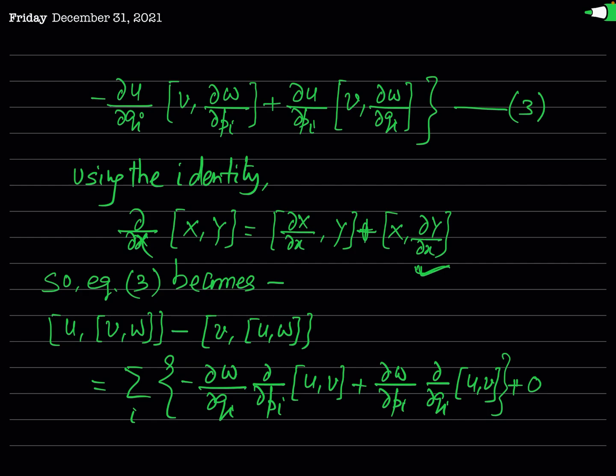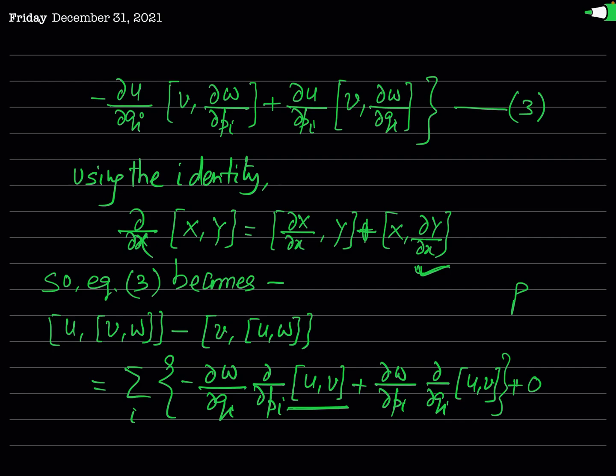Now see, again you can see this property which I have mentioned here: minus del w by del qi, del pi and Poisson bracket of u and v. So here in the place of the dynamical variable there is Poisson bracket of u and w. If you consider that this Poisson bracket of u and v is equal to, let us say p, then this will be minus del w by del qi times del p by del pi plus del w by del pi times del p by del qi.